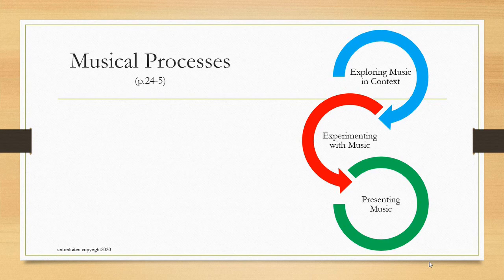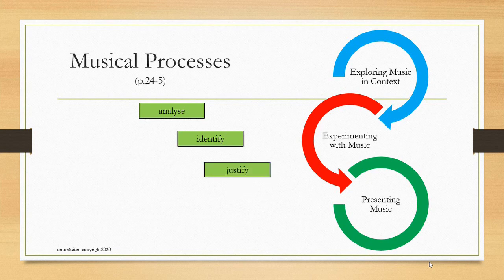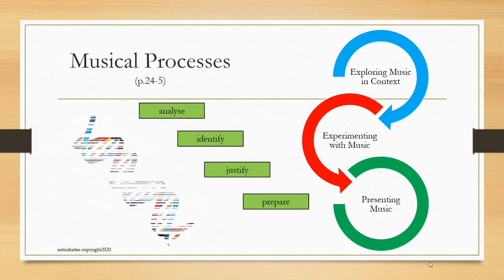Through these processes, students analyze diverse musical material, identify musical prompts relevant to their own work as researchers, creators, and performers, justify their musical choices, and prepare music for presentation. Through these processes, students will learn about musical conventions and practices while applying their findings to their own practical work.